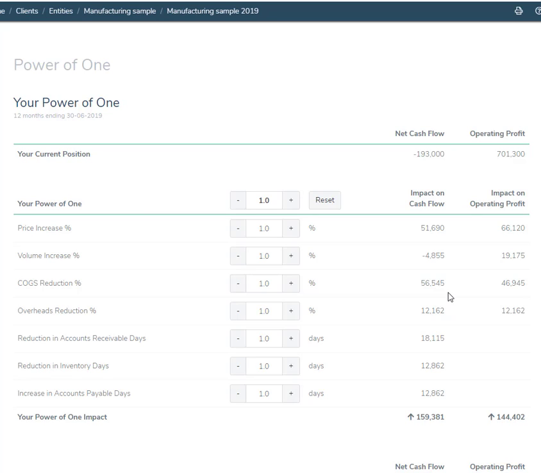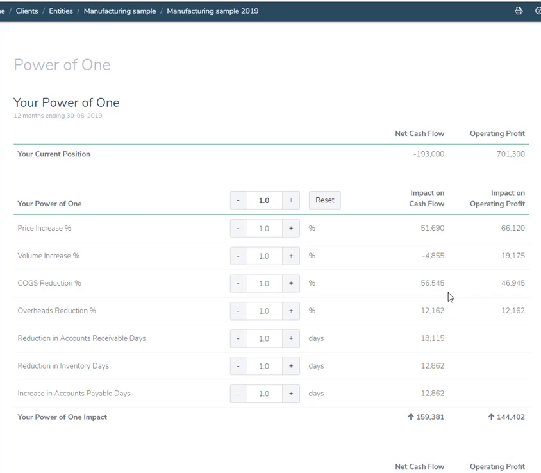So effectively what this means is if we have a more efficient process in how we're able to manufacture our products, then reducing those costs by 1% will actually increase our cash flow, which is a great thing. So that would be something that we would want to look at for this business.